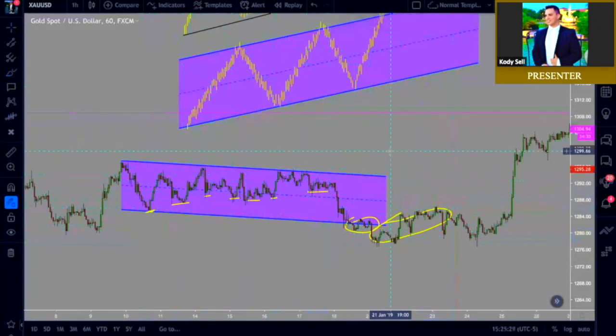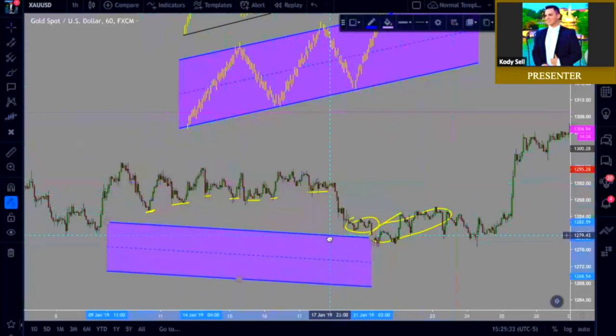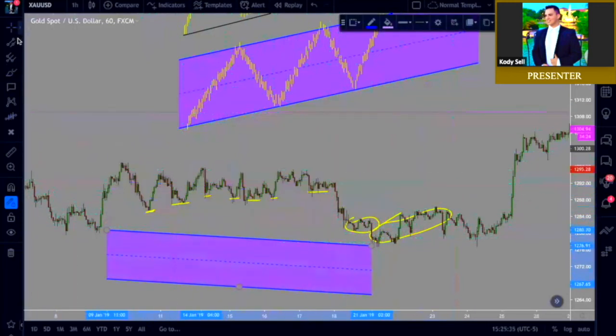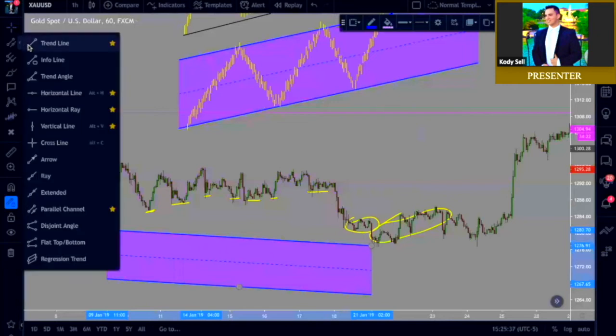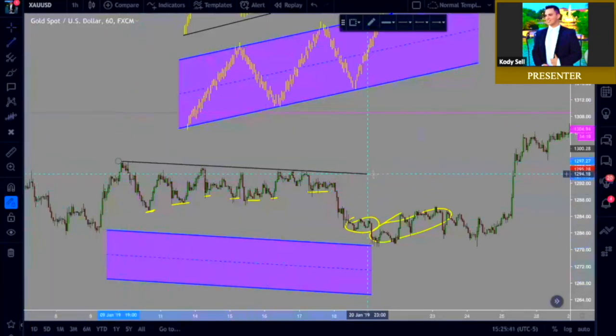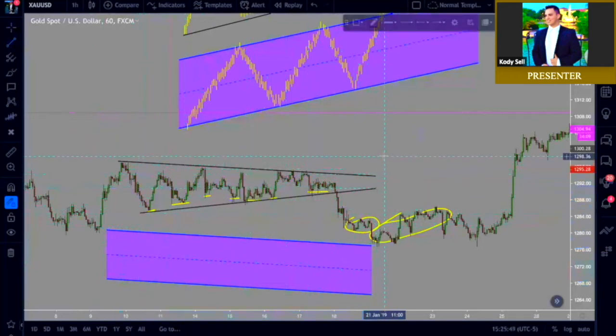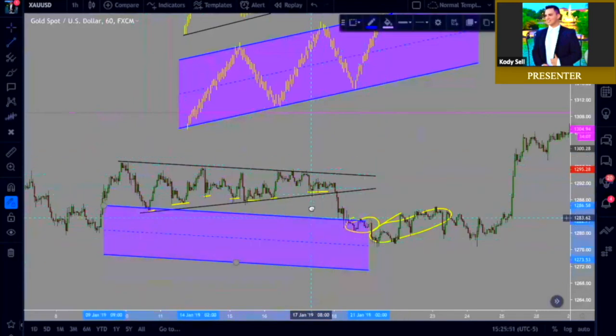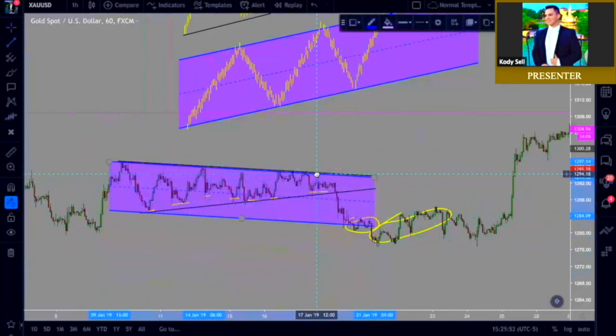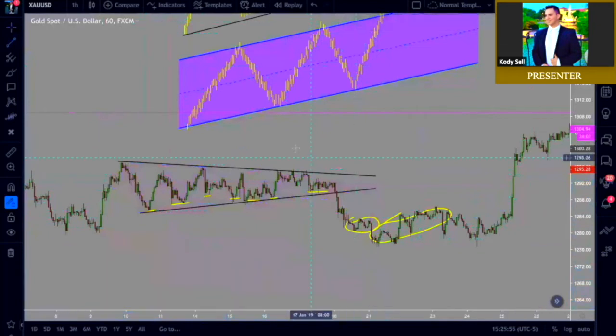All right, so this is going to be our first example. What I'm going to do is move this off, and then draw the real channel. Here's your resistance, here's your support. This is the real channel. It is not parallel, okay? It's not this parallel channel here. It's that. Why is it this?